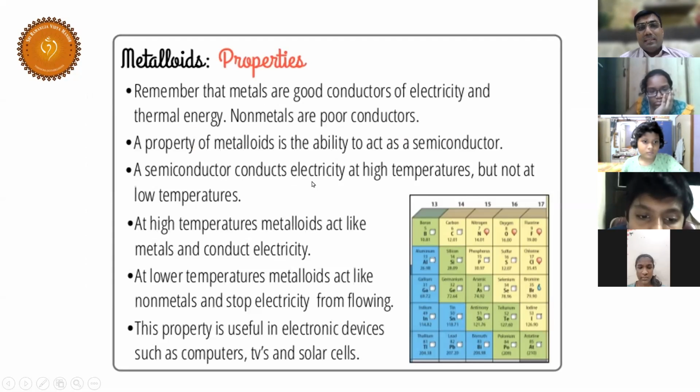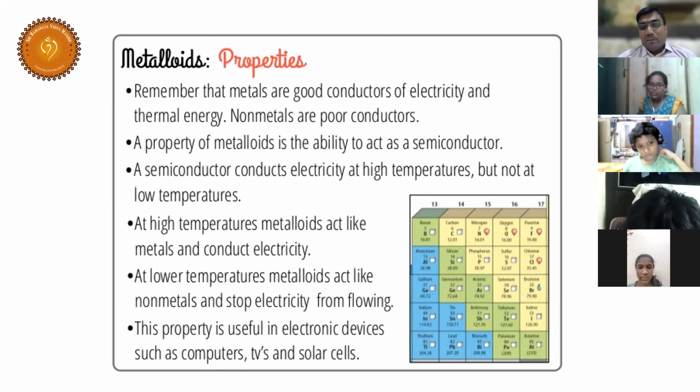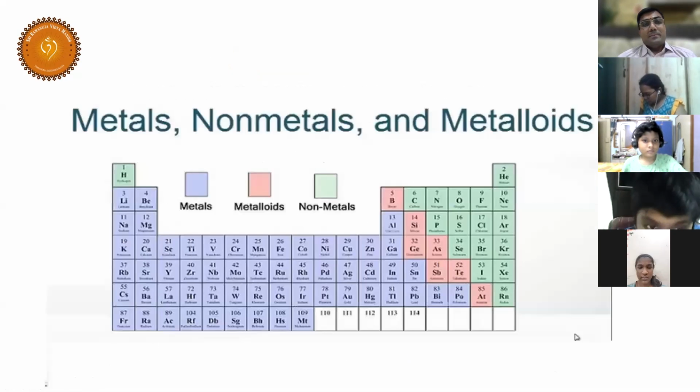At high temperatures, metalloids act like metals; at low temperatures, they act like non-metals. Understood, students? They are used in solar cells, computers, silicon chips, and germanium chips. These are some of the properties of metalloids.